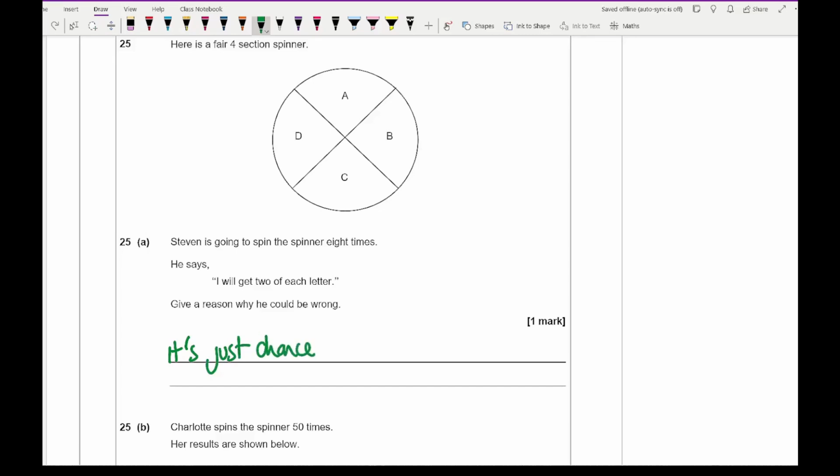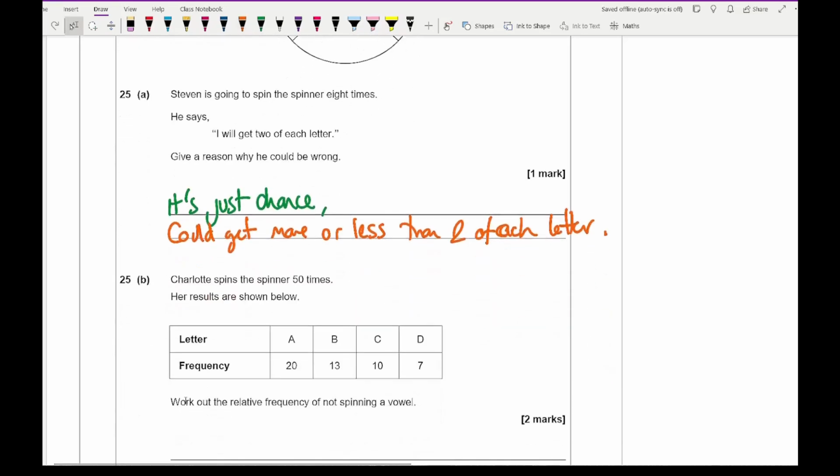You could say that you could get more or less than 2 of each letter. Or you could say that theoretical probability doesn't always match reality. Something along those lines for 1 mark would be fine.